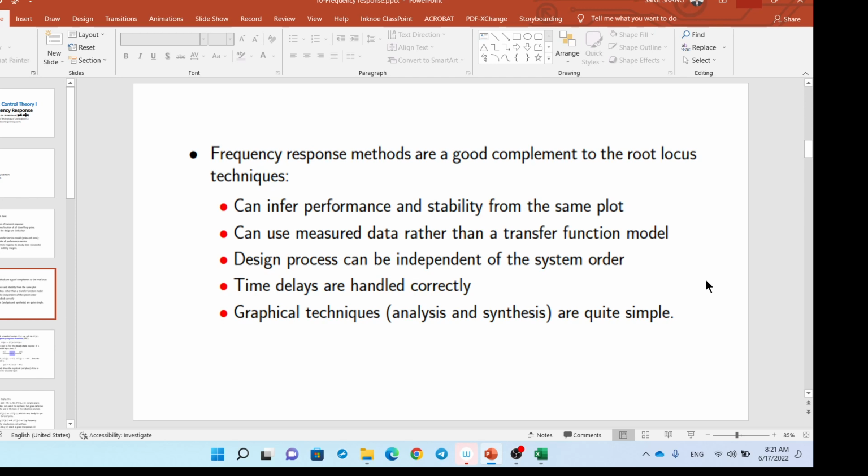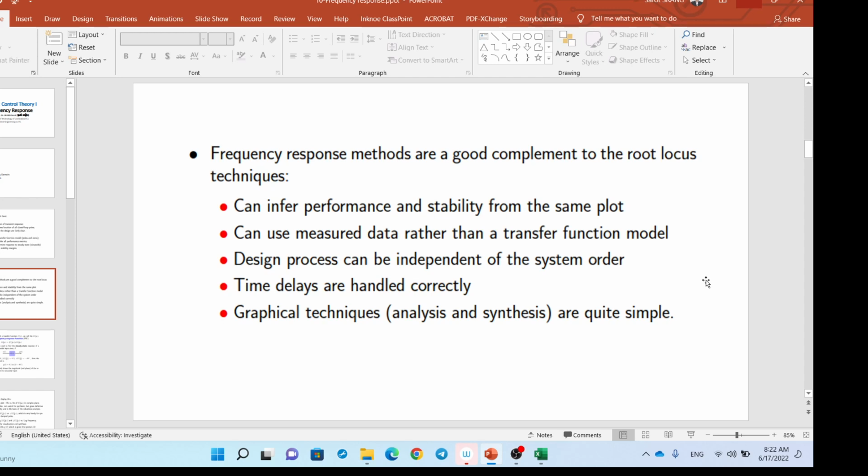Now today you are going to learn the frequency response method, which is a good complement to the root locus technique. The first point, it can infer performance and stability from the same plot. Second, it can use measured data rather than a transfer function model. This means you have a physical system.